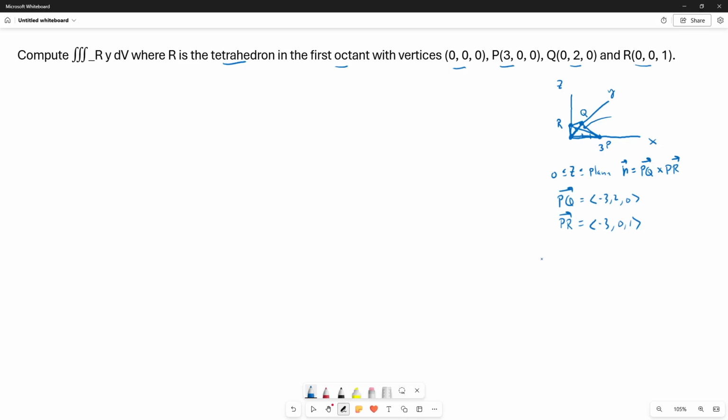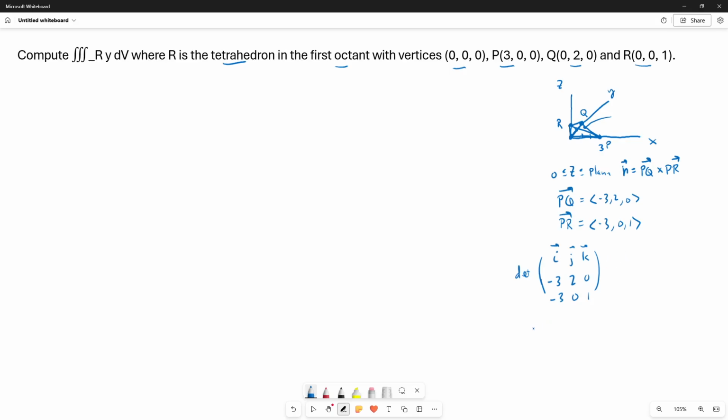So then N is the cross product of these two. So to make the cross product, we'll make a 3 by 3 matrix with the vectors i, j, and k across the first row, and then PQ in the second row, and PR in the third row. And we will take the determinant of this 3 by 3 matrix.